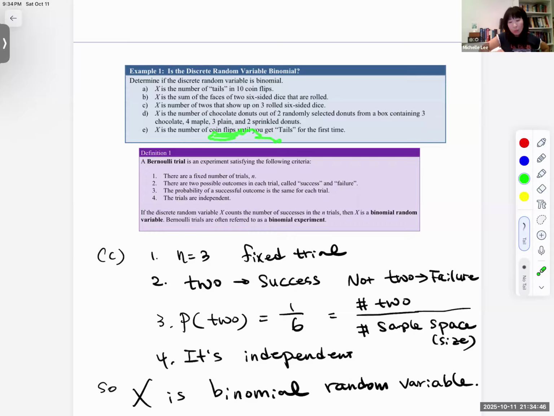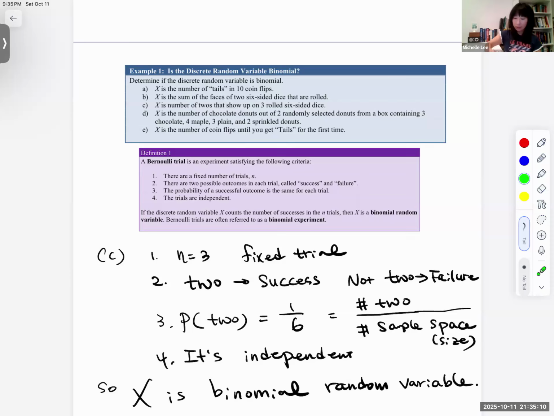Should not be 100 because tails is 50%, right? So the keyword is until, right? So you might get 6 times, or you might get 2 times, you might get 3 times, right? Until tails. All right. So no fixed number of trials.